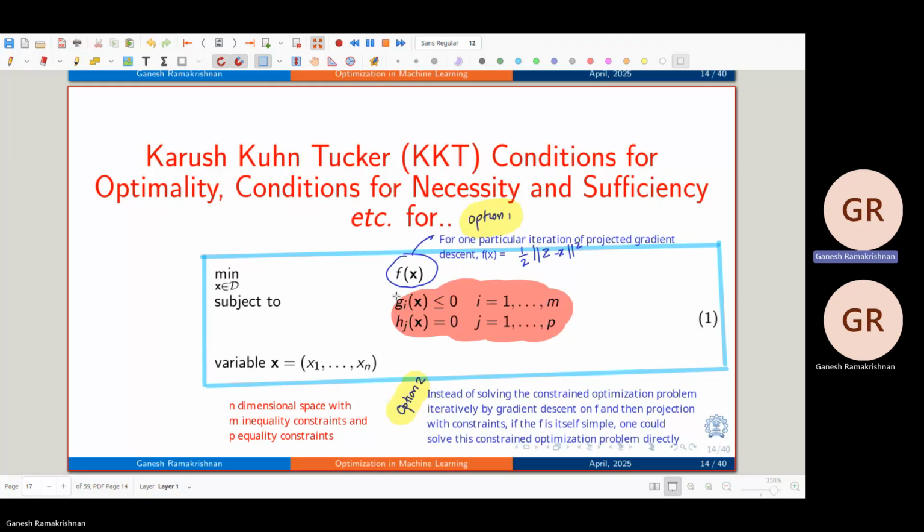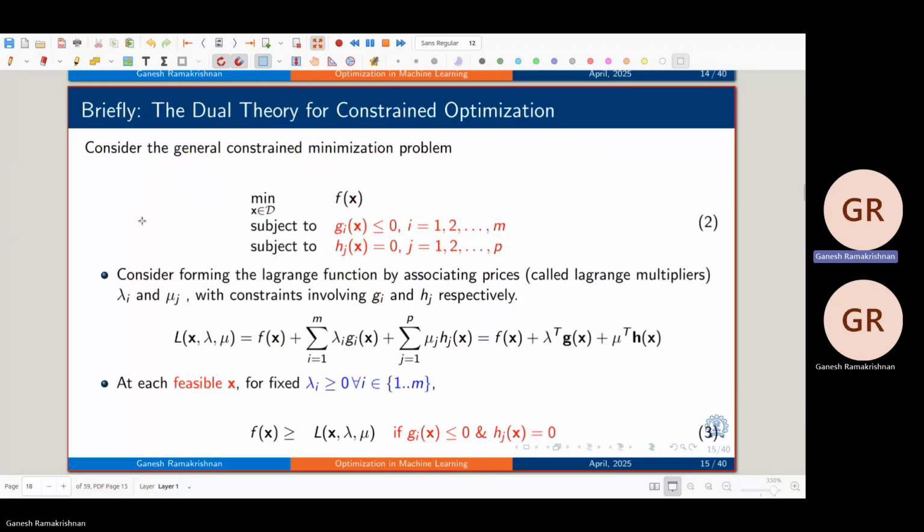So we want to do something more strategic and not just tactically solve using projected gradient descent. That's option 2. Is this clear? These are the two motivations for why we want to address this general problem. That will give us the Karush-Kuhn-Tucker conditions for optimality, conditions for necessity and sufficiency. So convexity will also come in. So far, convexity was kind of brushed aside.